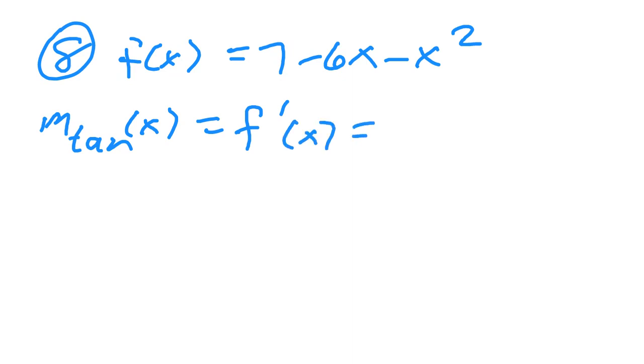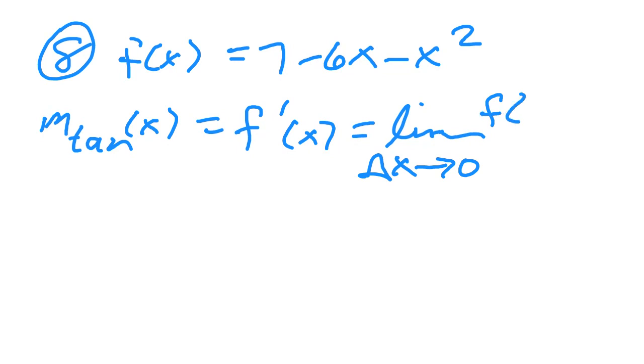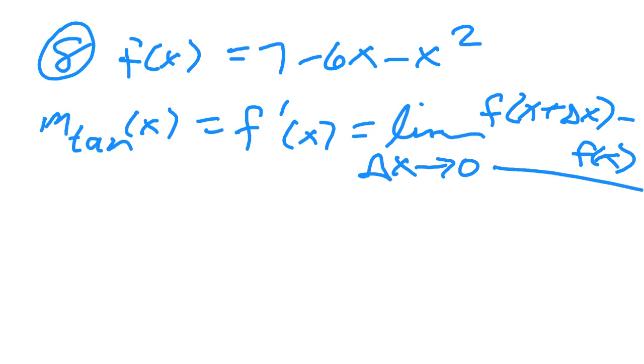It's the limit as delta x, the change in x, goes to 0. You might have used an h, limit as h goes to 0, in high school. This book uses delta x. But anyway, it's f of x plus delta x minus f of x all over delta x. And this is just rise over run.